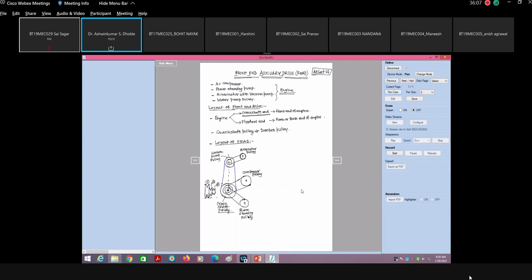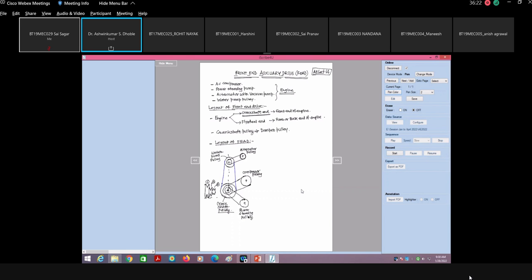This is the typical drive which is provided in one of the vehicles being used. You will find that there is a separate drive for all the different components which are fitted in the engine.